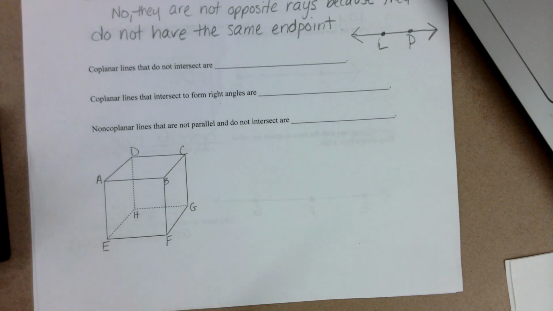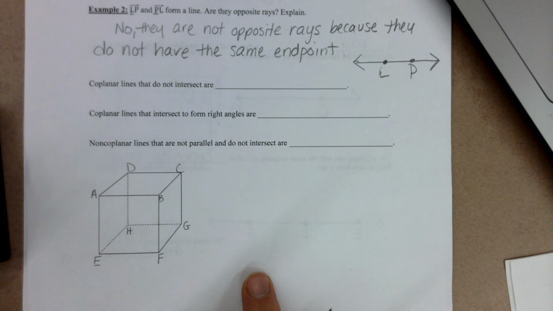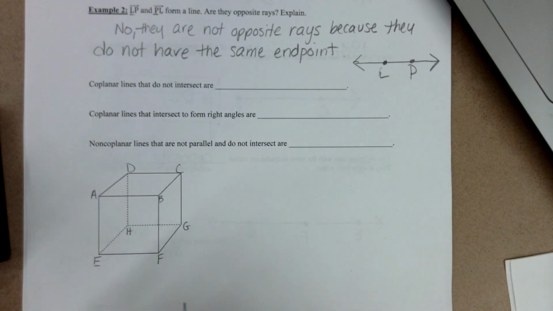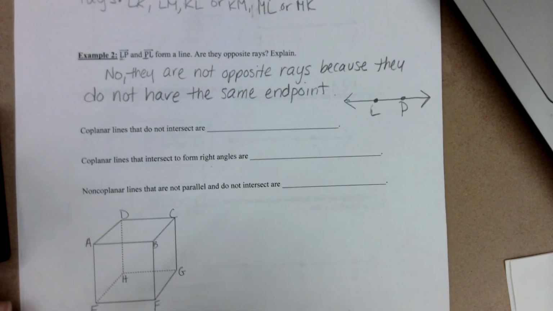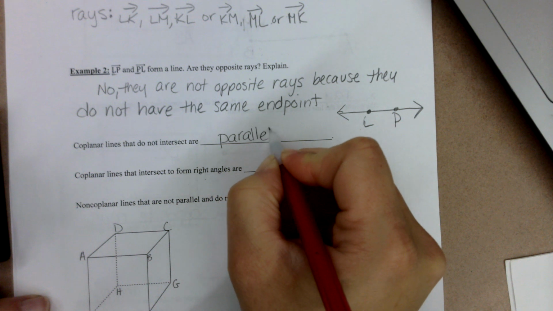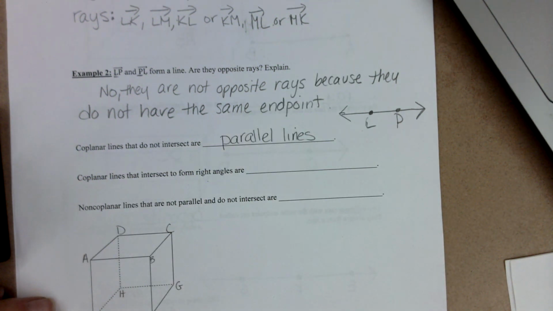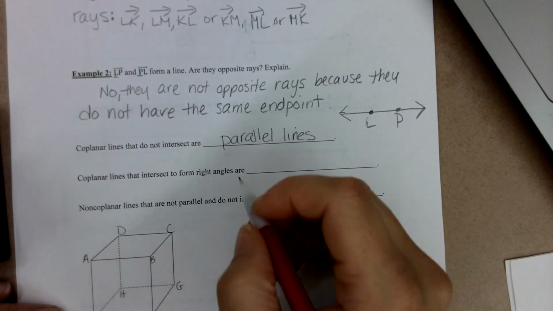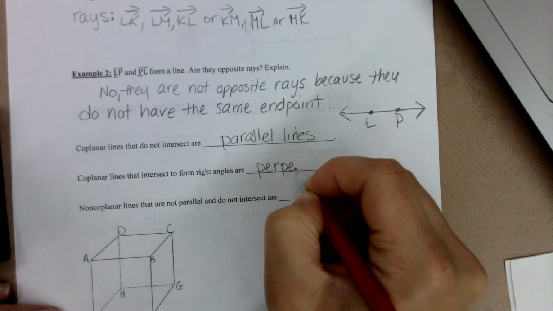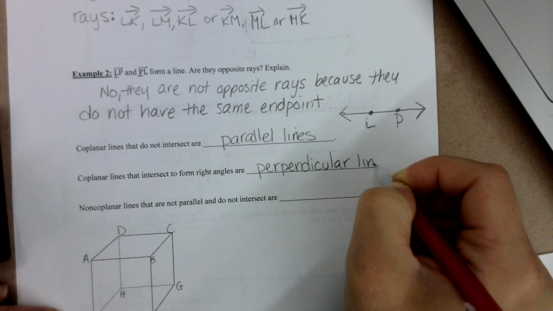Okay, moving on. Coplanar, just like collinear meant on the same line, coplanar means they are on the same plane. Coplanar lines that do not intersect are parallel lines. Coplanar lines that intersect to form right angles are perpendicular lines.